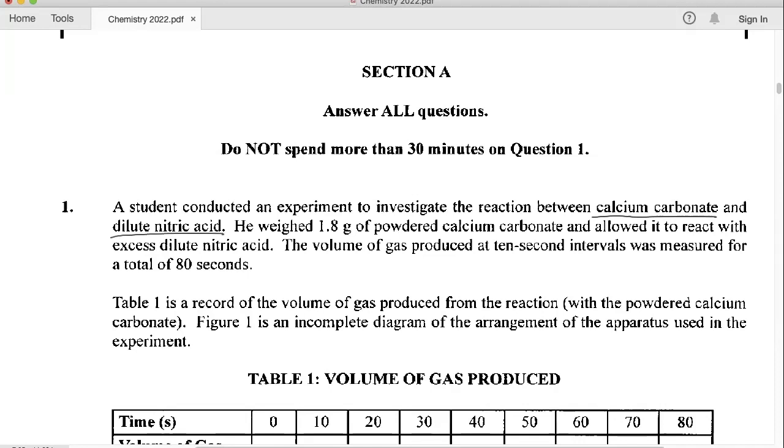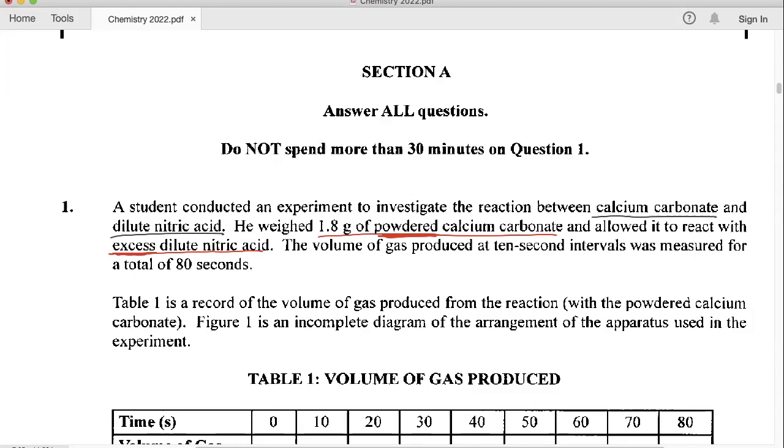He weighed 1.8 grams of powdered calcium carbonate, very important word right there, powdered, and allowed it to react with excess dilute nitric acid. Excess dilute nitric acid means that all the calcium carbonate present would have been used up. The volume of gas produced at 10-second intervals was measured for a total of 80 seconds.